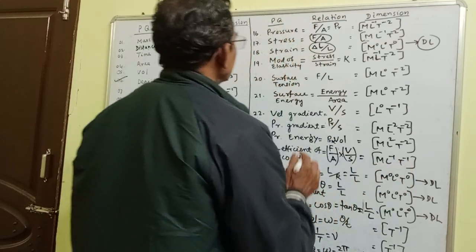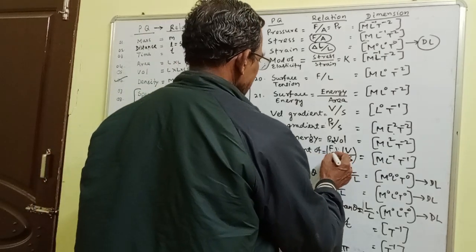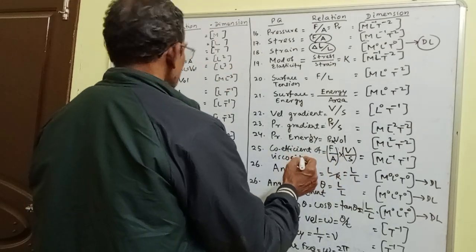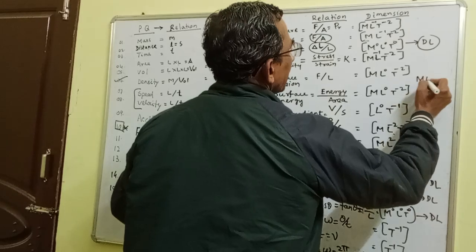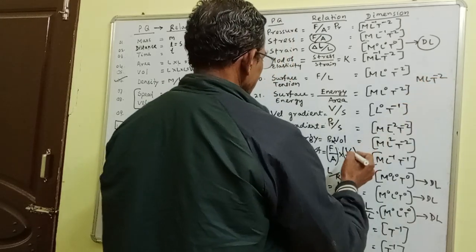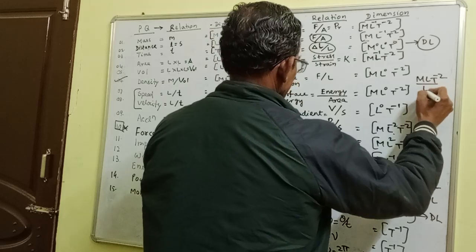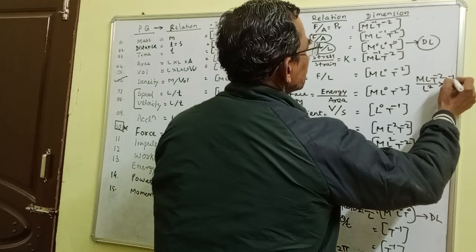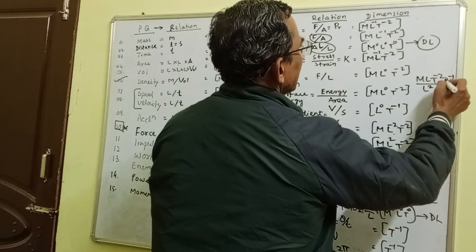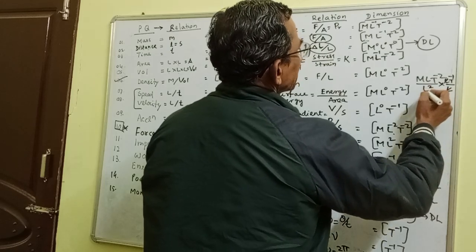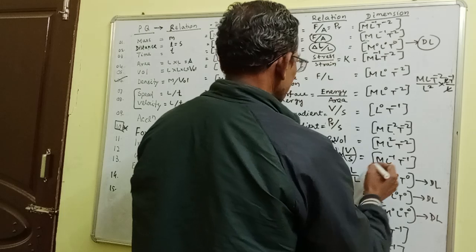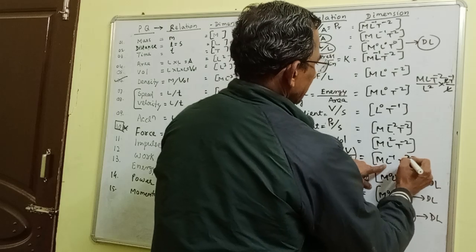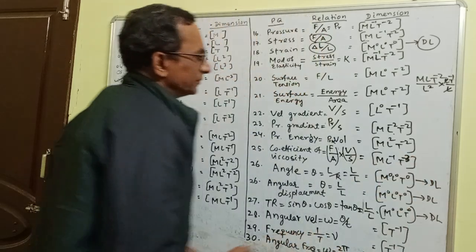Then force per area: force is MLT minus 2, divided by area L squared, into velocity LT minus 1 divided by L. L is cancelled, then this becomes ML minus 1 T to the power minus 1.